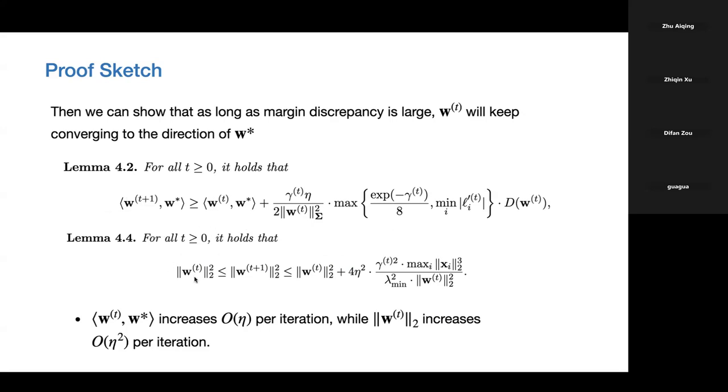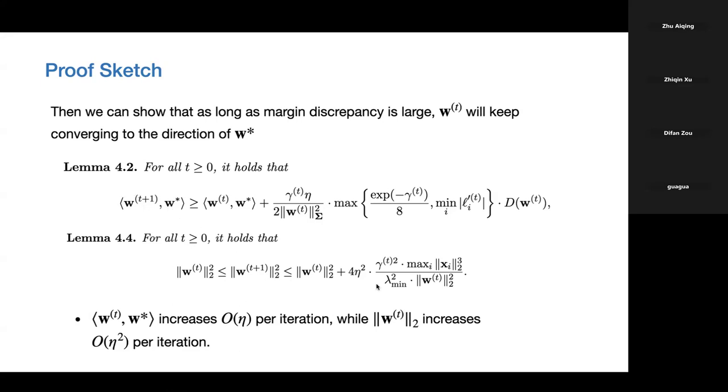Here we can show that the inner product increases by O(eta) per iteration, while the norm of WT only increases by O(eta squared) per iteration. So if we use a very small learning rate, the increase of the norm is negligible compared to the increase of the inner product.